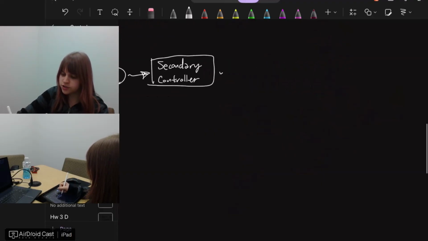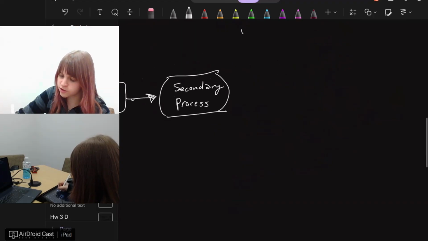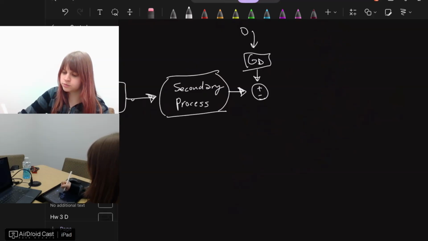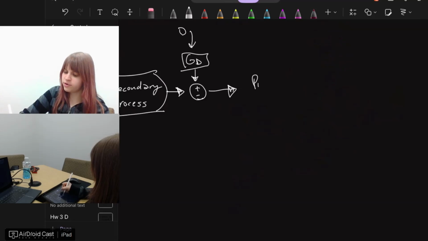That goes into the secondary process. Again, we have our disturbances. Compare that. Finally, into our primary process.